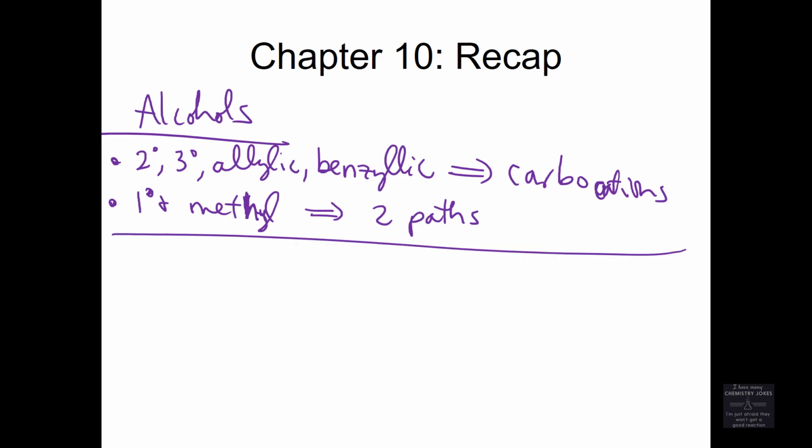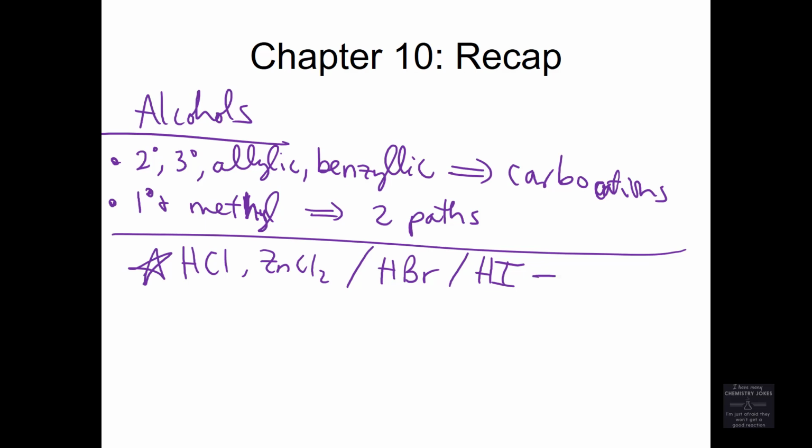The slightly bigger deal, the different deal with alcohols and alkyl halides, is that it depends more on what type of reagent you use as to whether you do substitution or elimination. So let's look at reagents. If we add things like HCl with zinc, or HBr, or HI, those are acidic conditions.